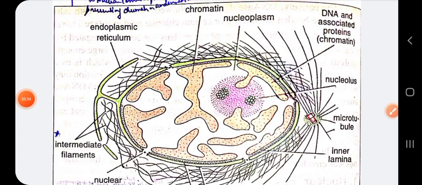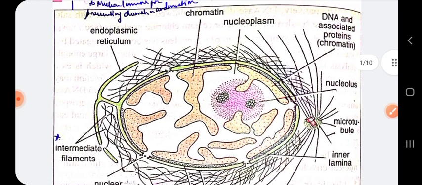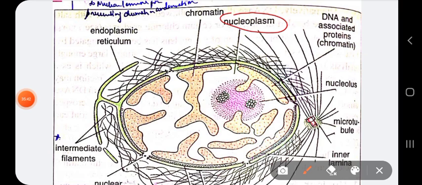Now let us discuss the nucleoplasm. Nucleoplasm is just like the cytoplasm that is found within the cell. It is a semi-liquid that fills the empty space within the nucleus.